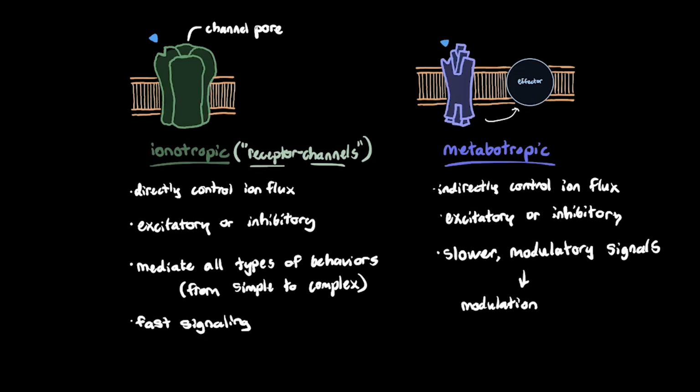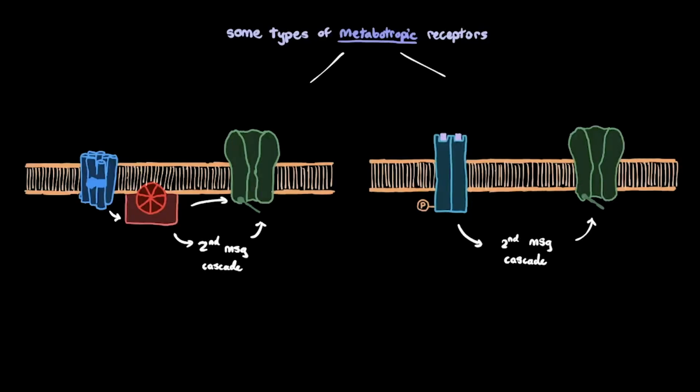So modulation of behavior includes stuff like changing emotional states, changing attention. So you can do change in attention, emotional states, different things like that. So there are two major families of metabotropic receptors.